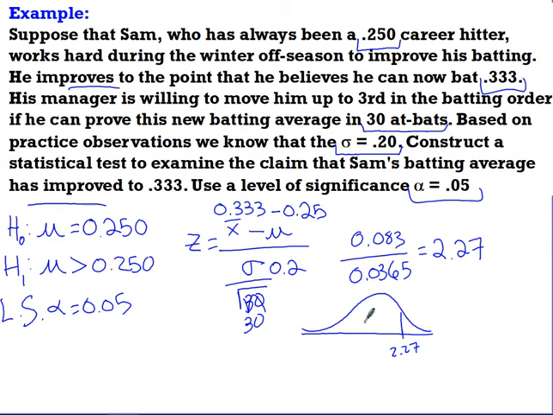So give me a second, I'll look that up real quick. 2.27. 0.9884. Okay? But because it's greater than, I've got a right-tailed test. So the area I actually want is right there. So I'm going to go 1 minus that 0.9884.